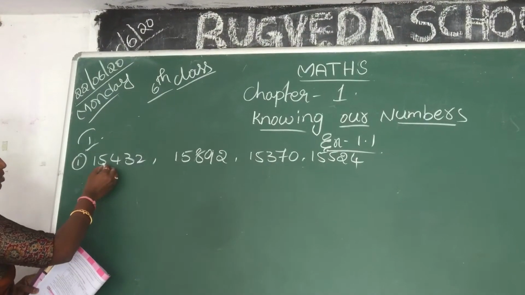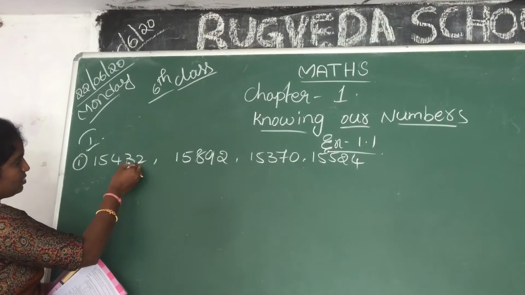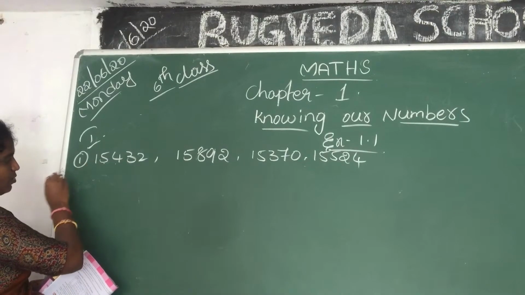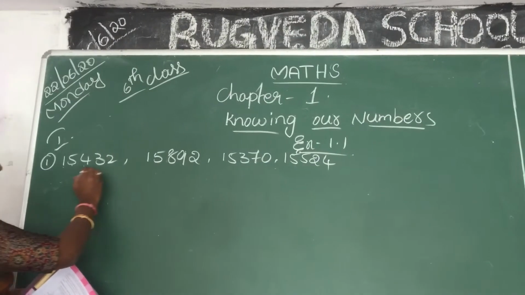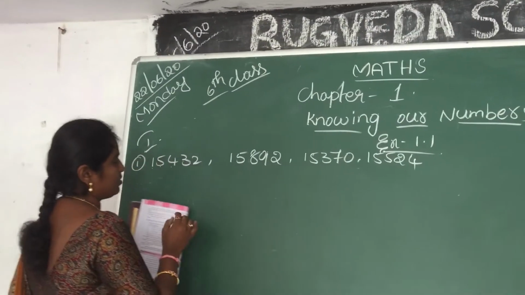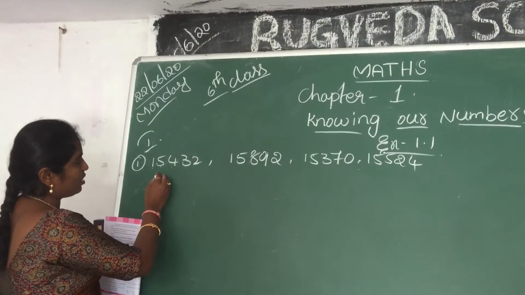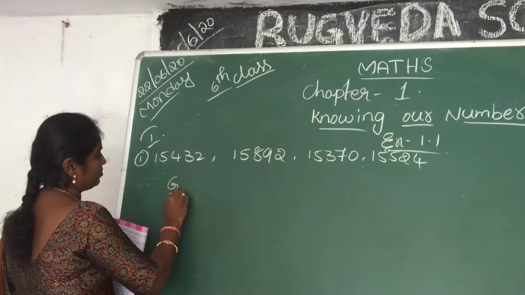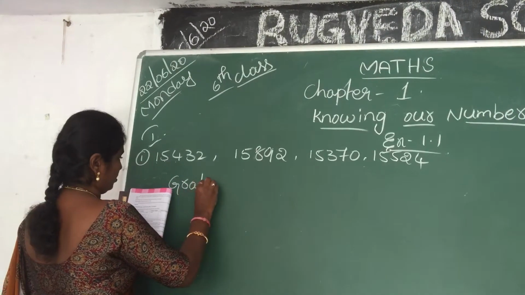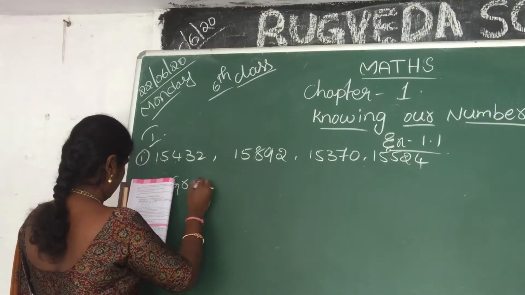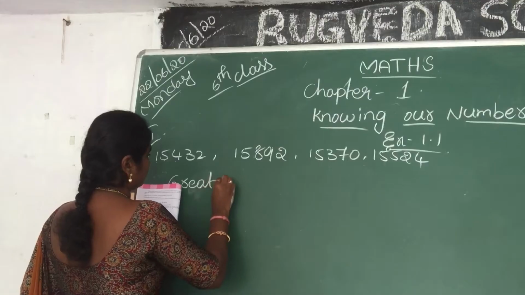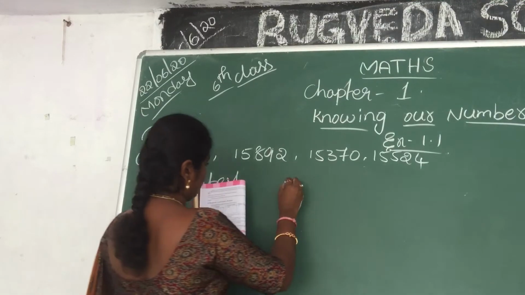Here see, all are in which place? Ones, tens, hundreds, thousands, 10,000s. So all numbers are in 10,000s place only. So we have to check which one is the greatest number and smallest number.